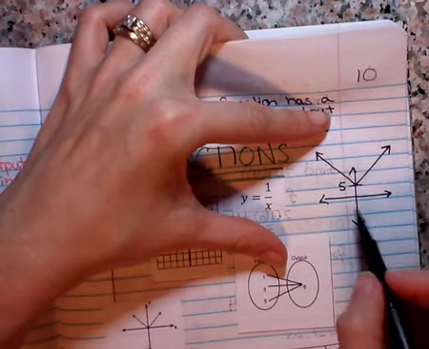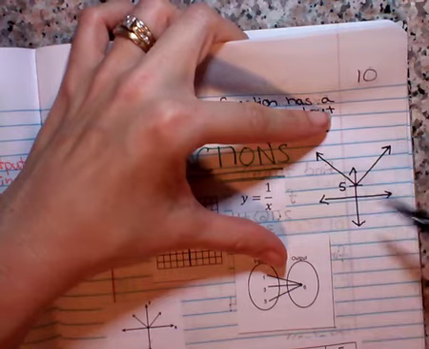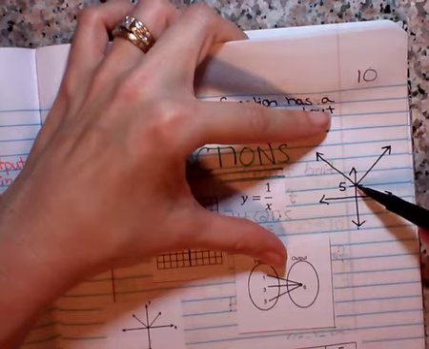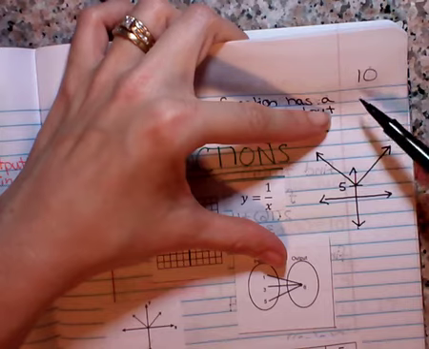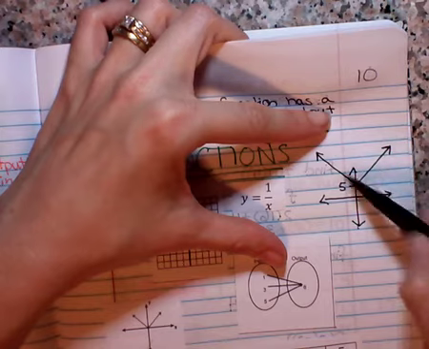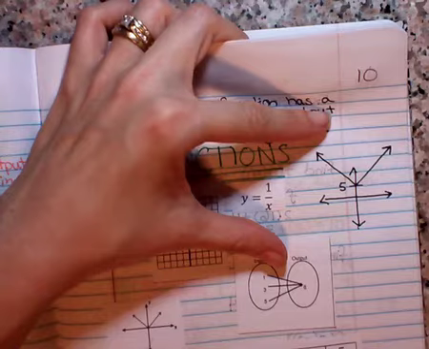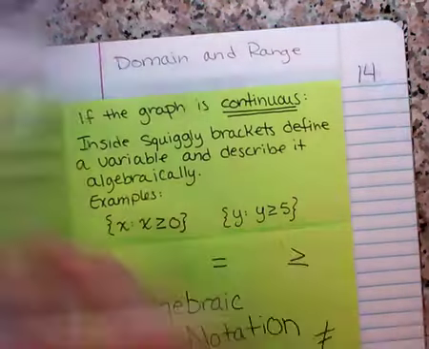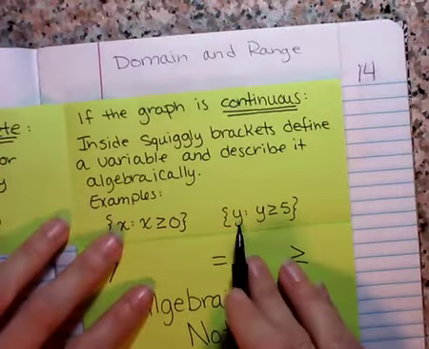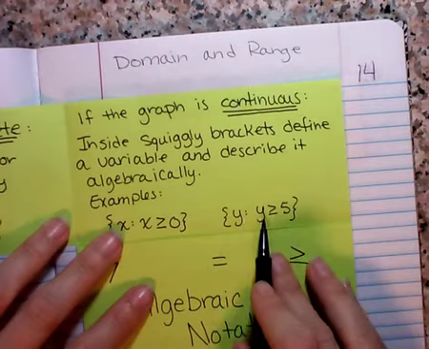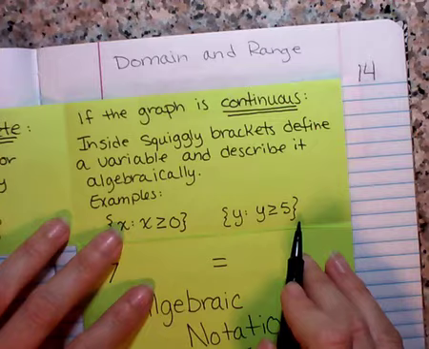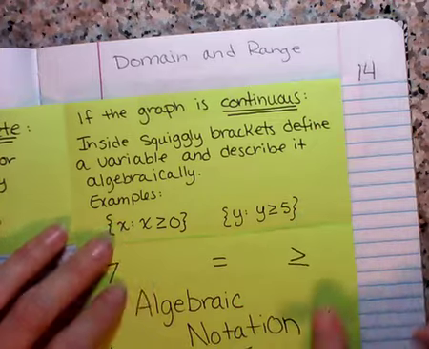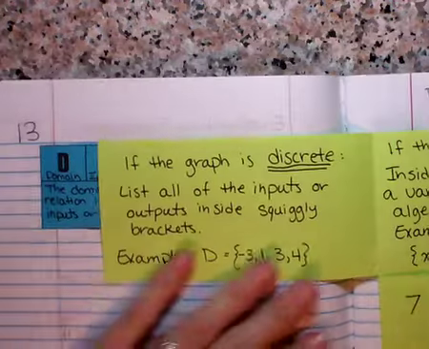Okay. So for this function, our lowest possible y value is 5, but then from there we're going to keep going up and up and up, and see here we've got the graph going up in both directions. So for this graph, our range, our y values, is y greater than or equal to 5. And we put that in our squiggly brackets. That is if our graph is continuous.